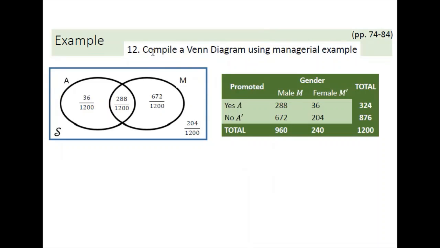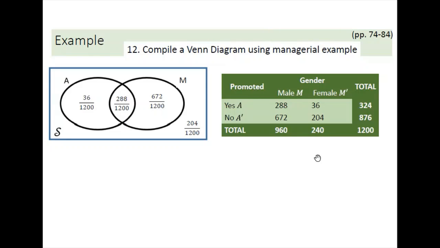Now look at this example. Compile a Venn diagram using the managerial example. We had this cross table before. Now we are going to plot a Venn diagram based on this table.